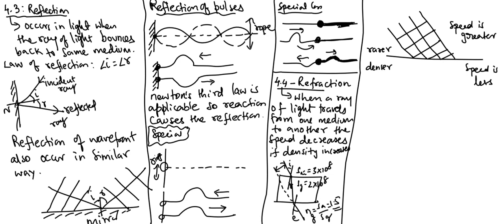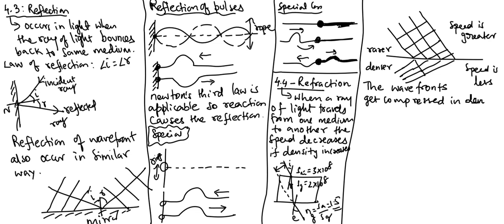If the speed decreases, then the wavefronts are found to be compressing themselves, so they start compressing, something like this, something like this, see, something like this. So actually they compress, and then they compress. This is how they behave then, see, they got compressed now. Now what happens? The wavefronts get compressed in denser medium.